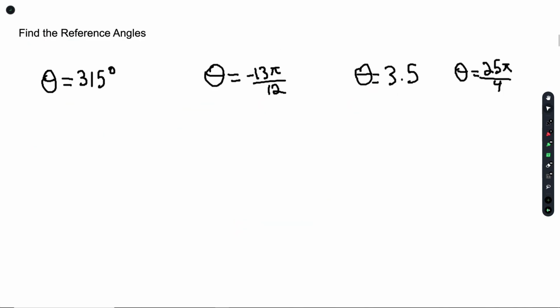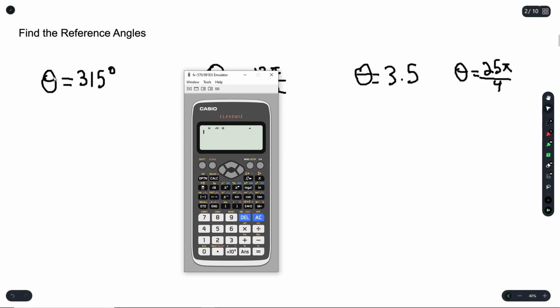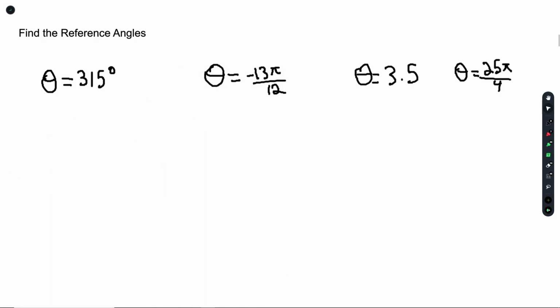Okay, let's solve a few more exercises, but this time we'll only use the first method, which is the shift 10 one. So for the first one, we have to make sure our calculator is in degree. Then shift 10, 315. We take the absolute value, so it's 45.